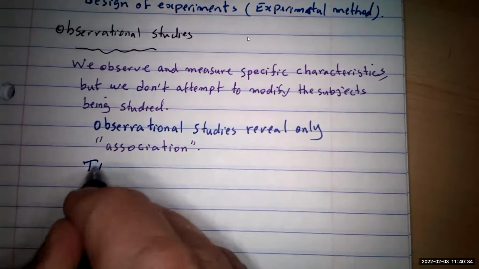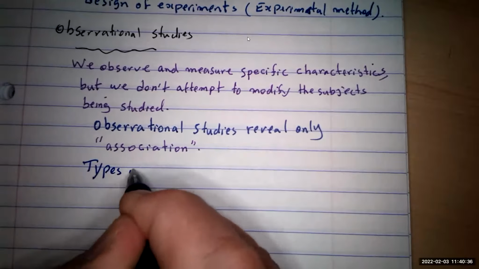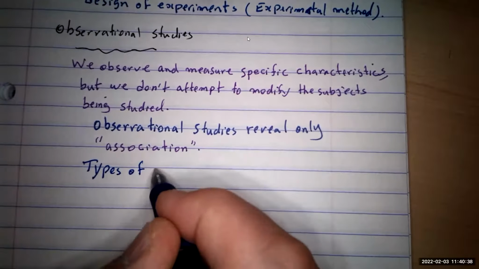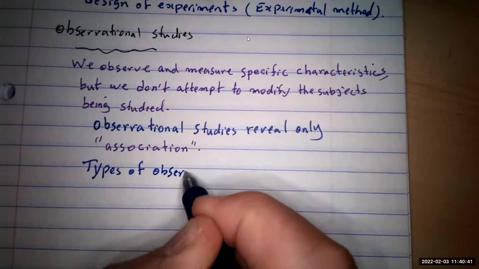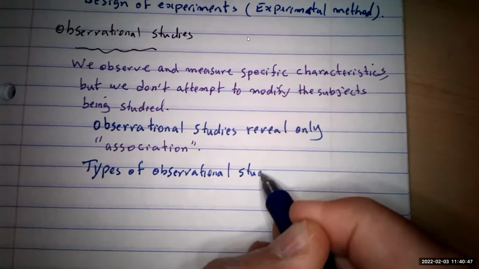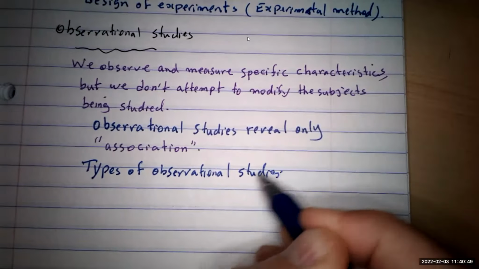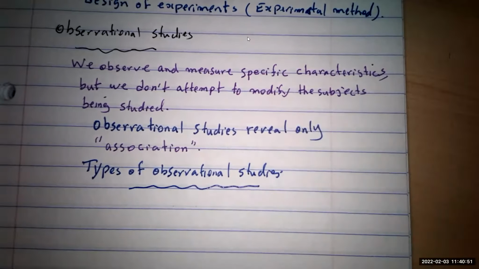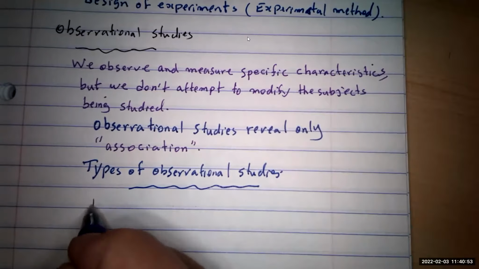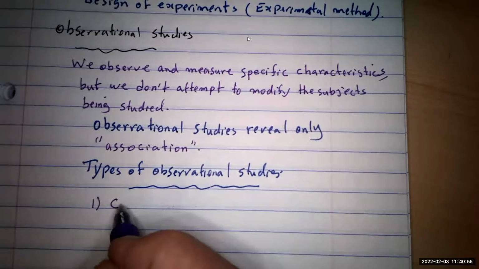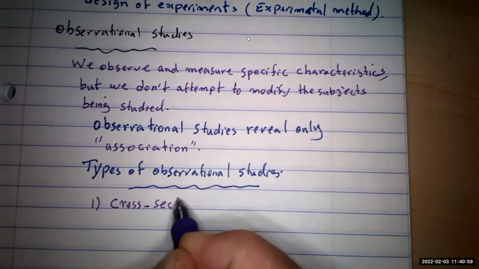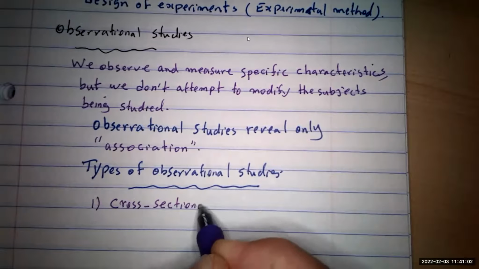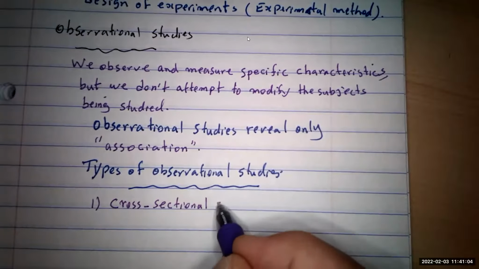Okay, so types of observational study. The first one is called the cross-sectional study.